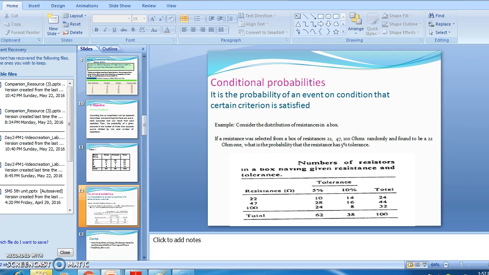Now, if a resistance is selected randomly from a box of 22 ohms, 47 ohms, and 100 ohms resistances, and found to be a 22 ohms one, what is the probability that the resistance has 5% tolerance?